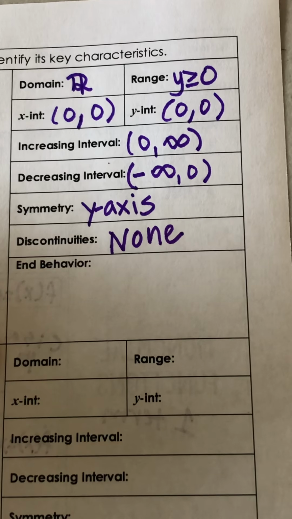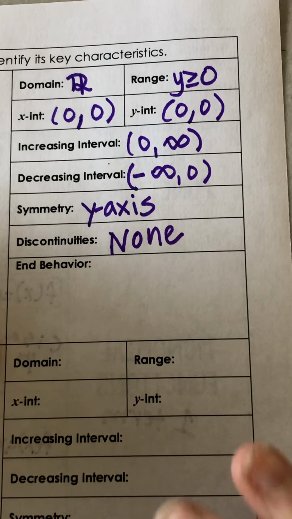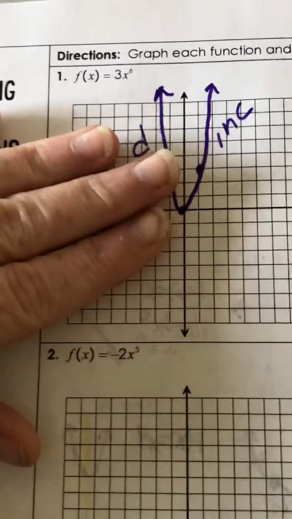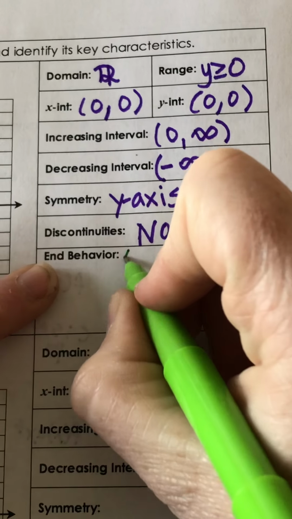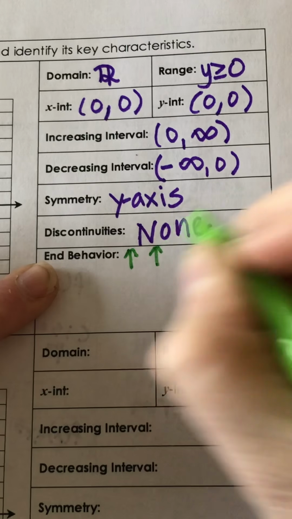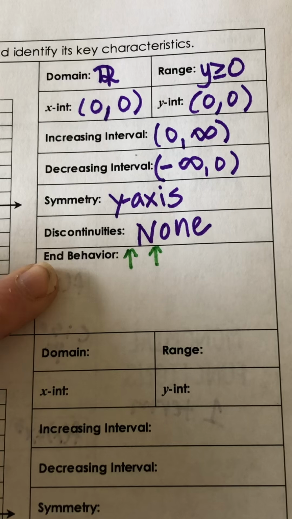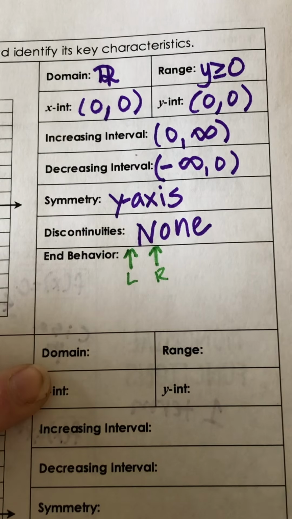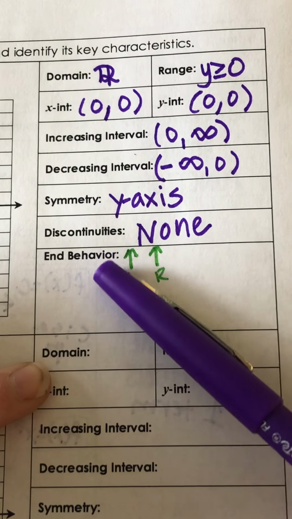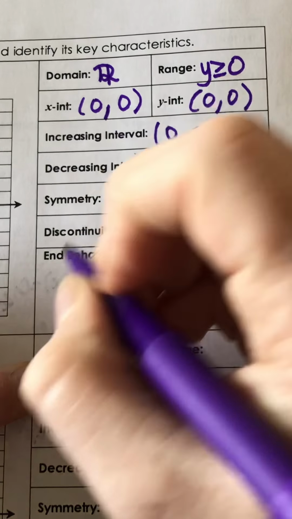And in end behavior, without even looking at the graph, because eventually you won't even be given the graph, we said an even positive coefficient should be pointing up and up, left to right. Okay, so without even looking at the graph, eventually you're going to have to get there. You're going to have to be able to say this without seeing a graph.